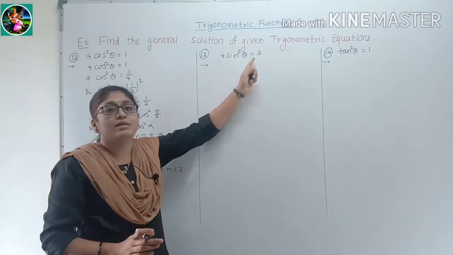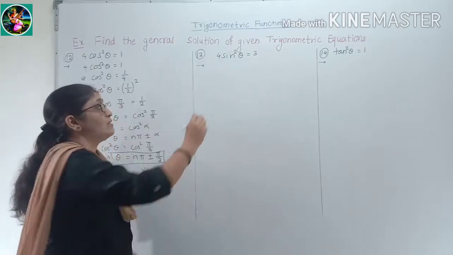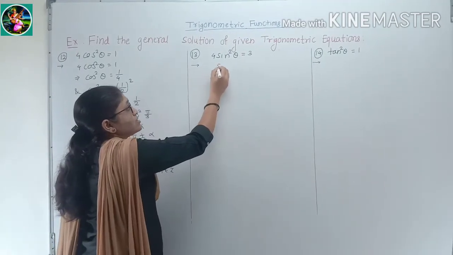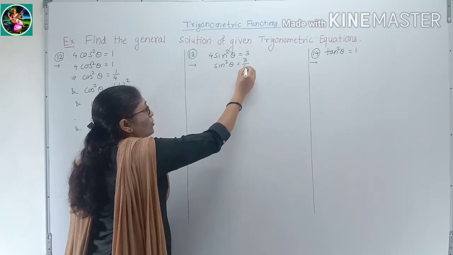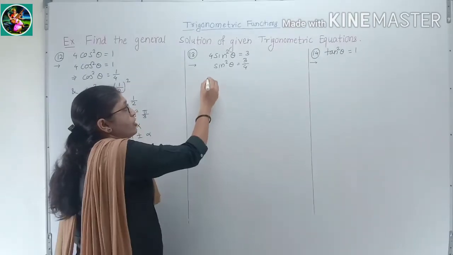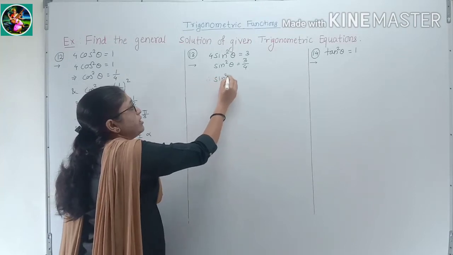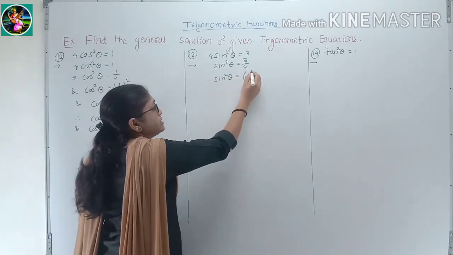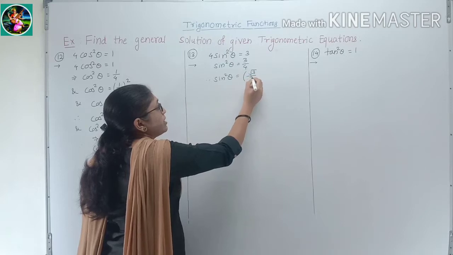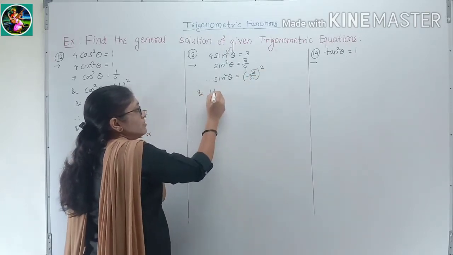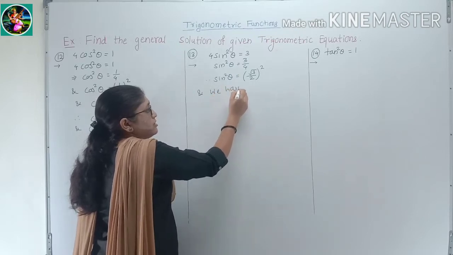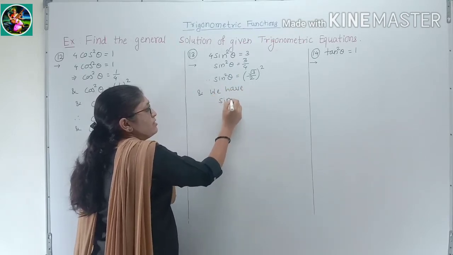4 sin square theta is equal to 3. Therefore, sin square theta is equal to 3 upon 4. Okay, therefore sin square theta is equal to (root 3 divided by 2) whole square, and we have sin of pi by 3.